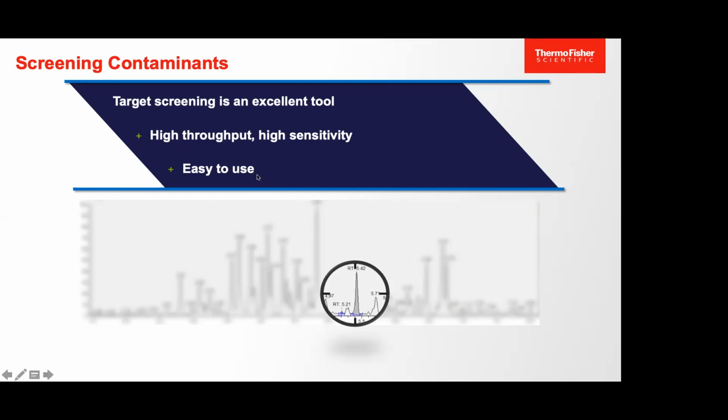So how will the mass spec be able to identify this compound in your matrix or in your natural product extraction? This is what we call a target screening, and it's done by being selective and sensitive.